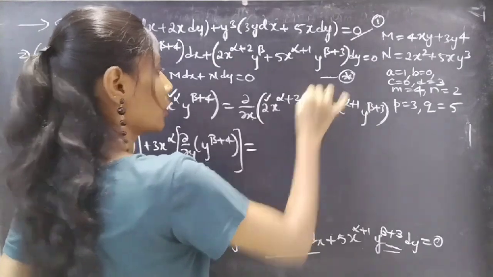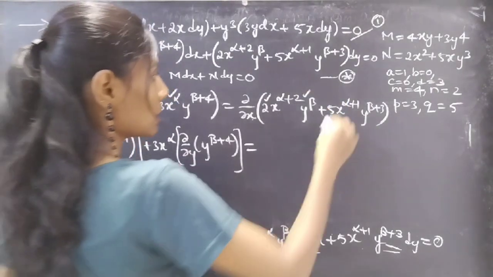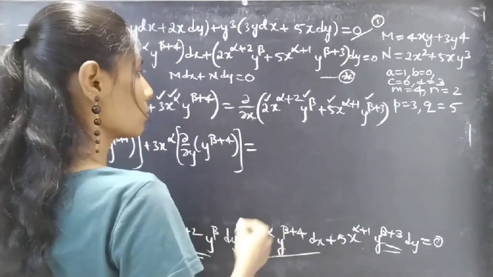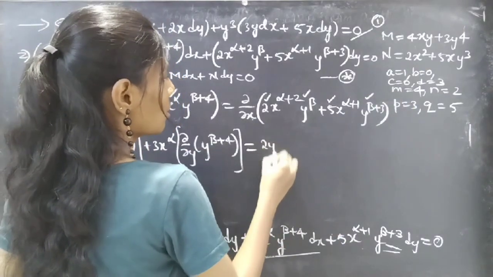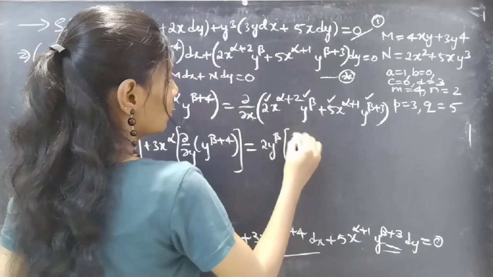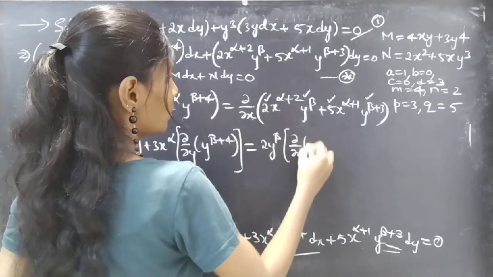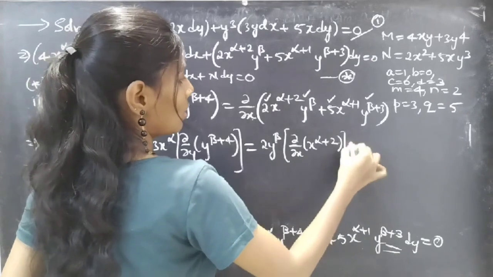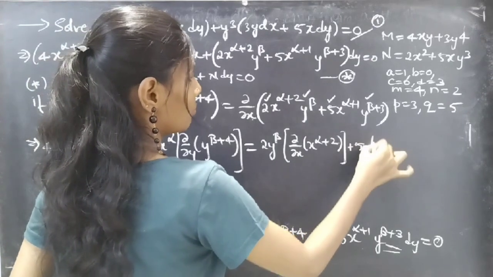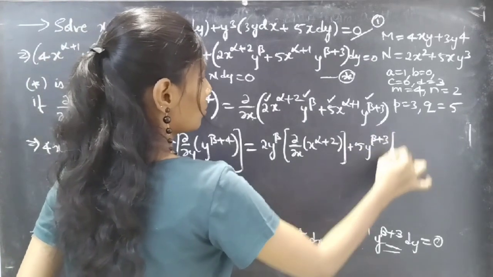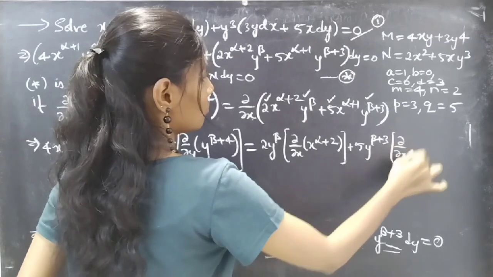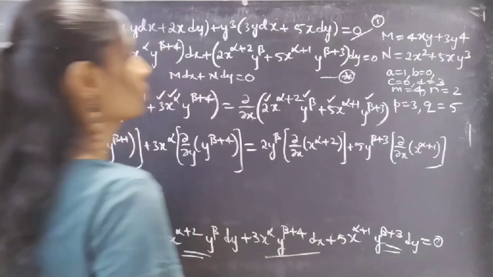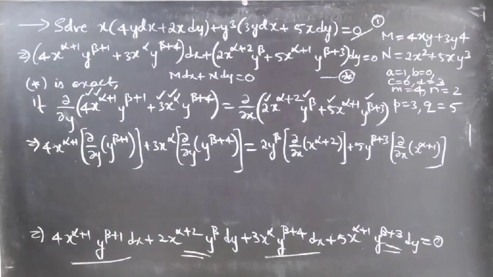In the first term 2y^β is constant and in the second term 5y^(β+3) is constant, right? So we can write this as 2y^β into partial derivative of x^(α+2) with respect to x plus 5y^(β+3) into partial derivative of x^(α+1) with respect to x, right?